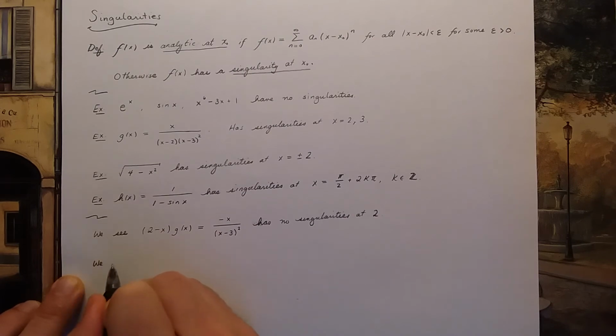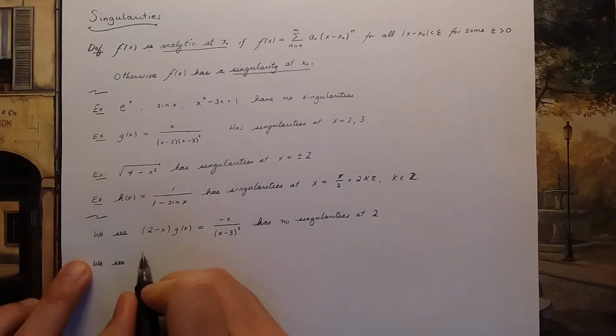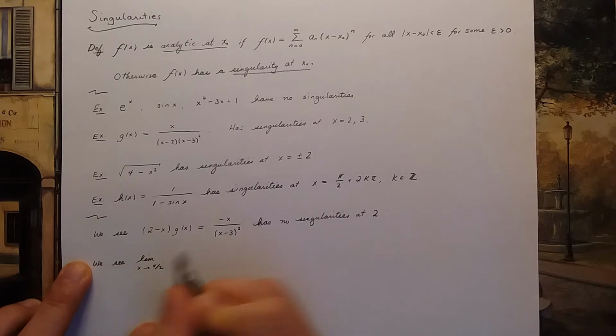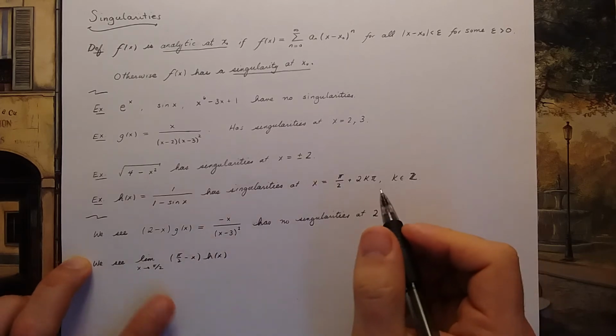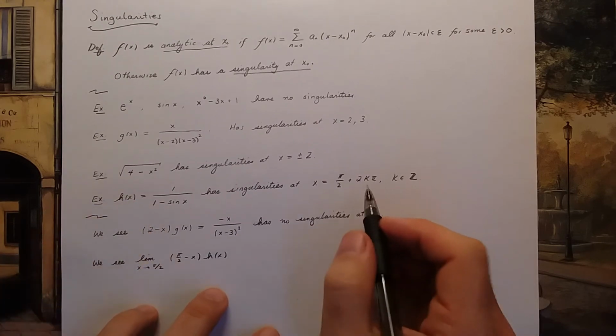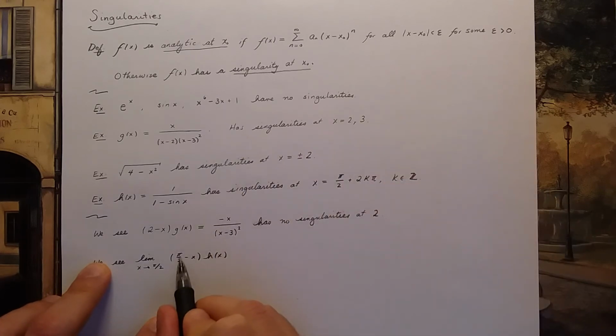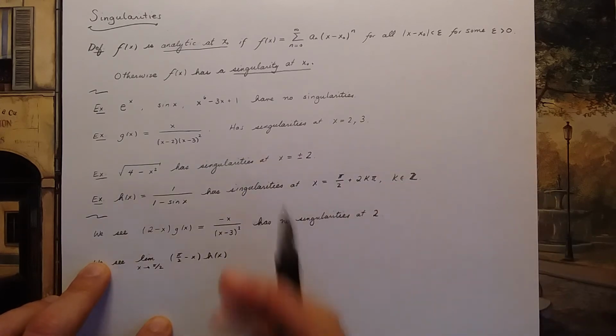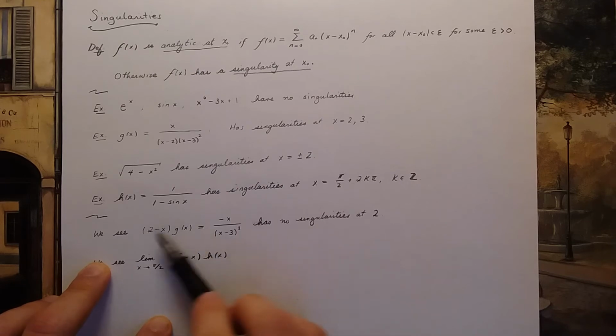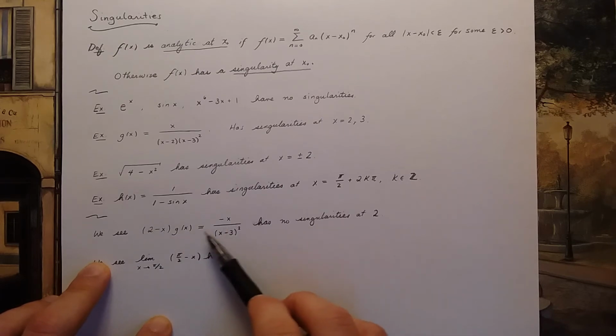Well, let's look at the limit as x goes to pi over 2 of this function h of x times pi over 2 minus x. What I'm trying to do here is recognize I have a singularity at pi over 2, and multiply by pi over 2 minus x to get rid of the singularity like I did for the previous example.